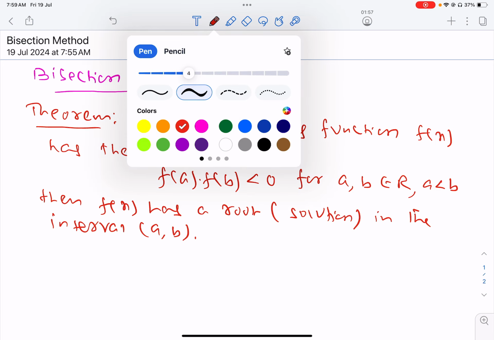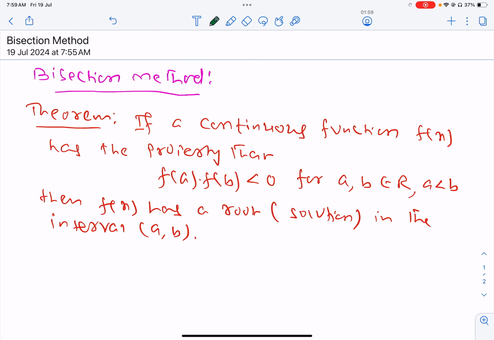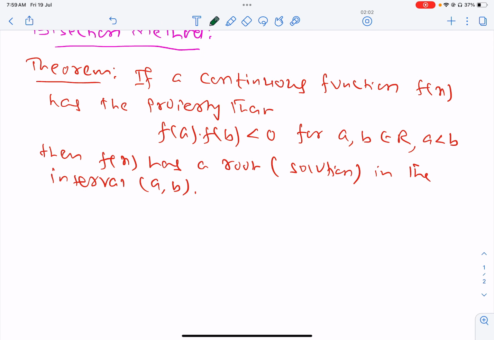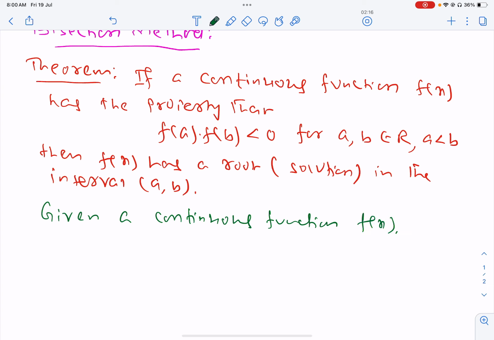So let us understand what the bisection method is. You are given a continuous function f.